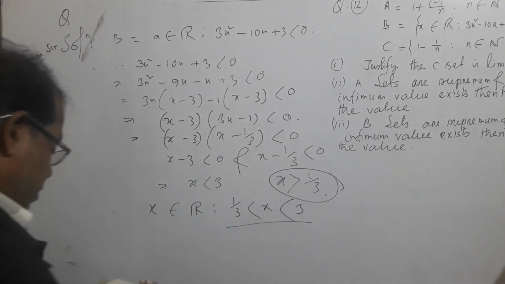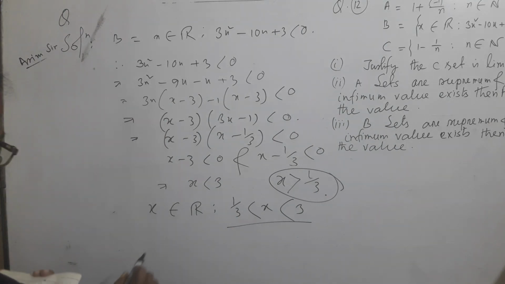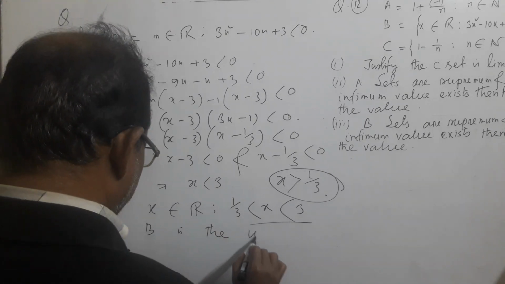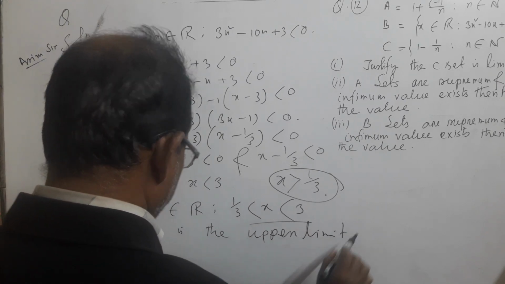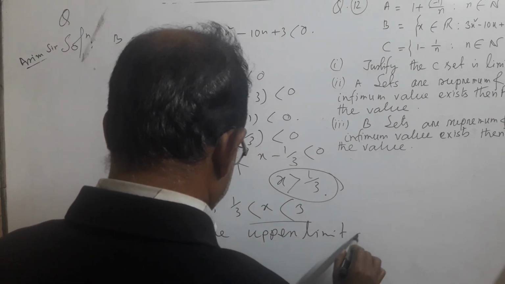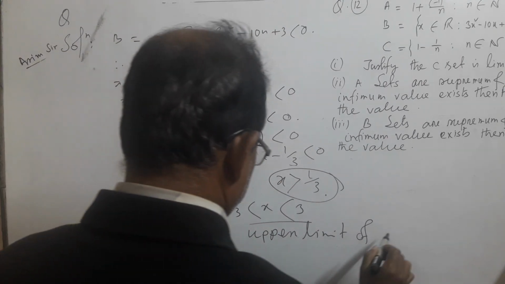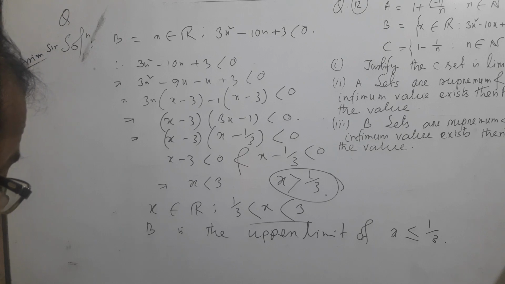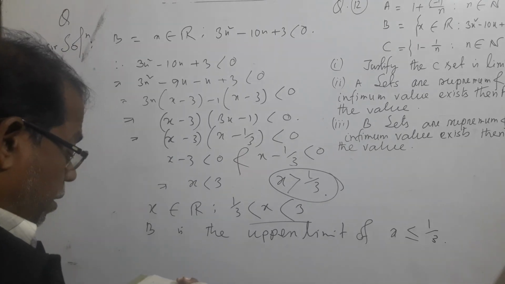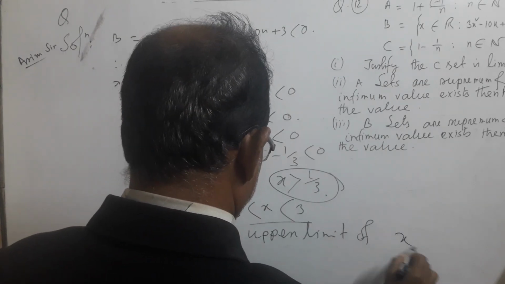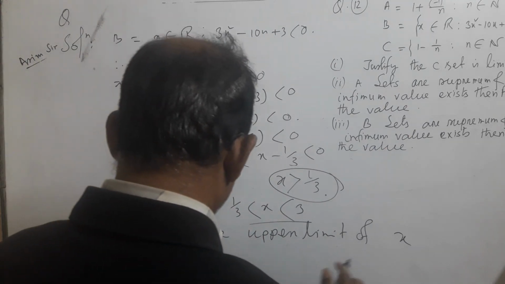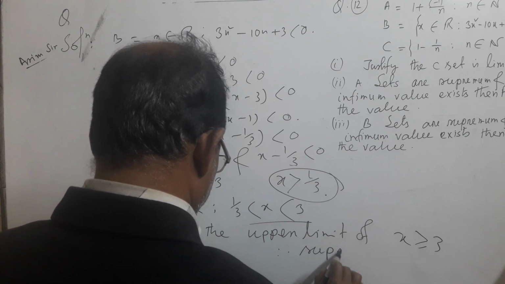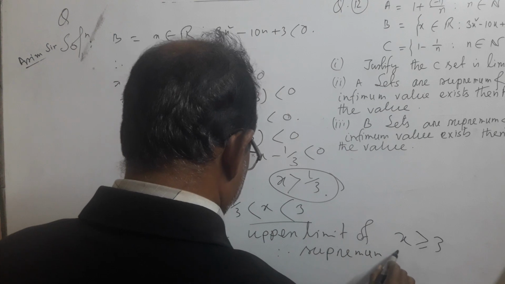This is the limitation of x. B is bounded, with an upper limit and a lower limit. x is greater than or equal to 1 by 3 and less than or equal to 3.